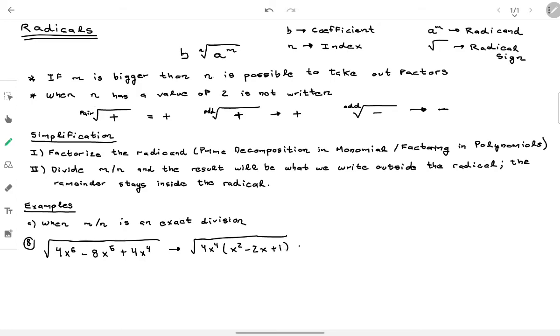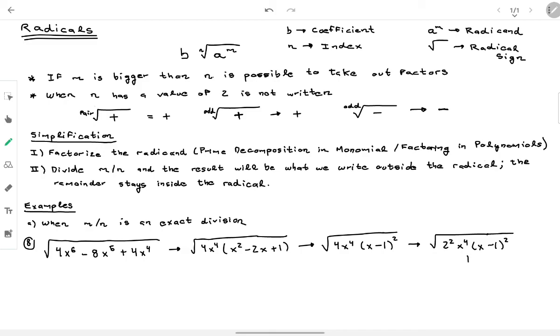After that, we can factorize again what is inside the parentheses, and it's going to be 4x to the 4 that multiplies x minus 1, all of it squared. We have factors now, so we can see if we can take out some factors. Number 4, we can decompose it, and we can put it like 2 squared, x to the 4, x minus 1, all of it squared.